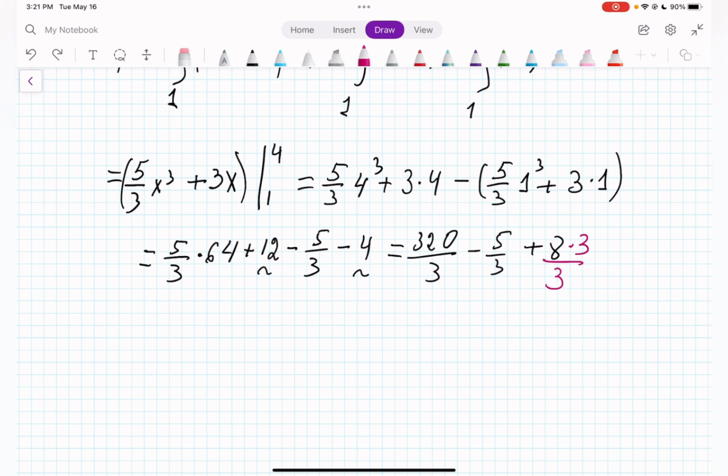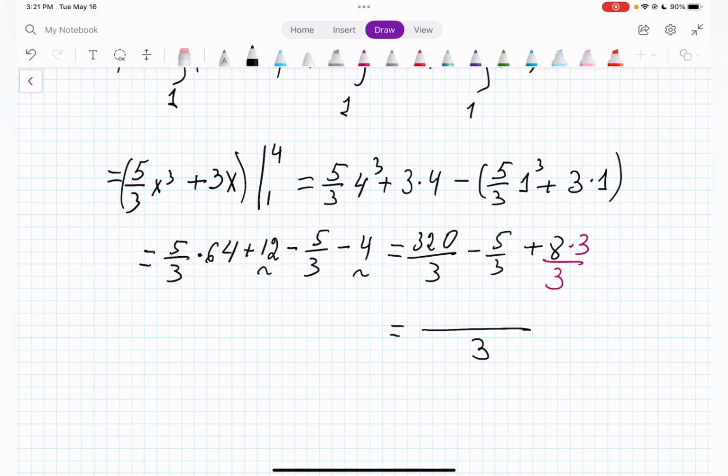Because we don't have an equation here, we don't have it equal to this. This is just an expression that we are simplifying. Therefore, we are going to keep that denominator. You can drop the denominator only and only if you have an equation. So here we are going to get a common denominator.